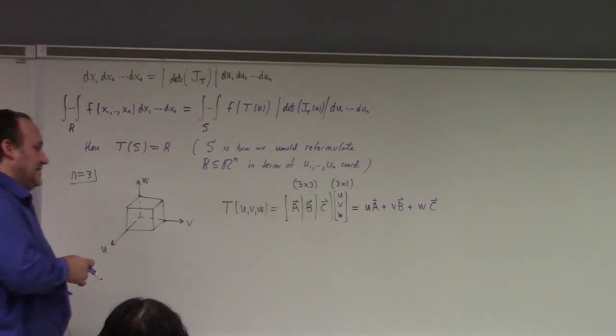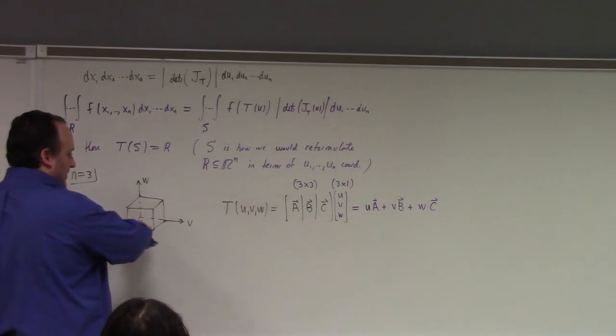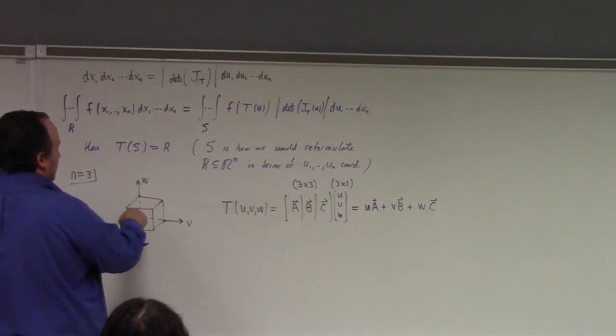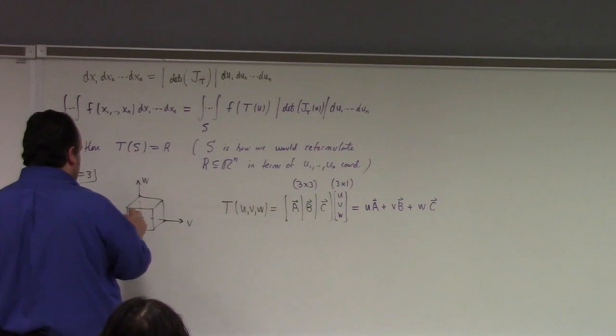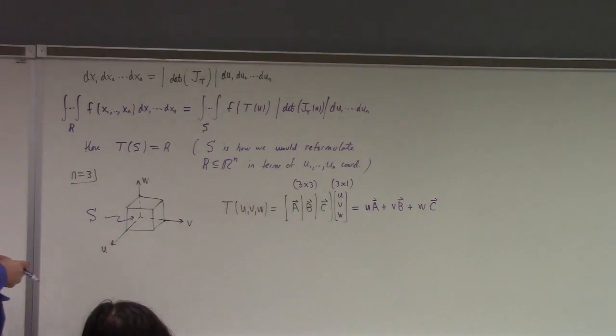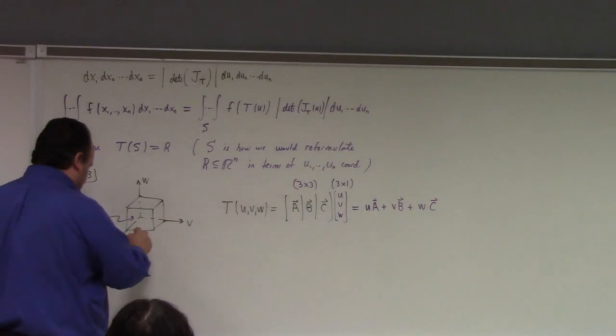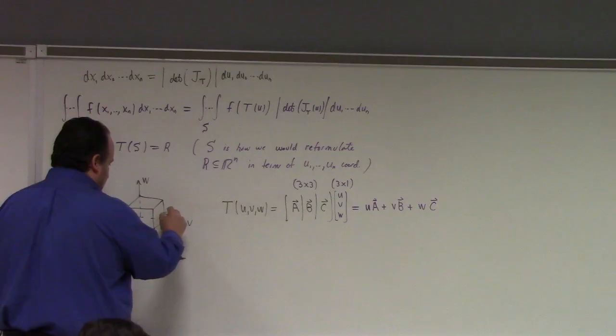So, all right, what happens when you think about feeding the unit cube, which plays the role of S? And I said it's a unit cube, but it doesn't have to be. Let's say that this cube has sides which are delta V here, this is delta U, this is delta W, all right?